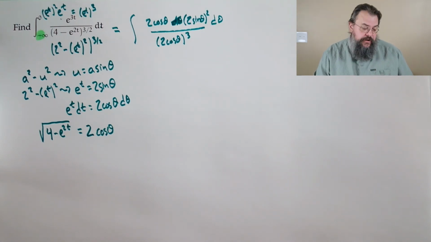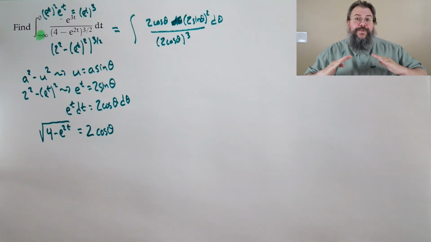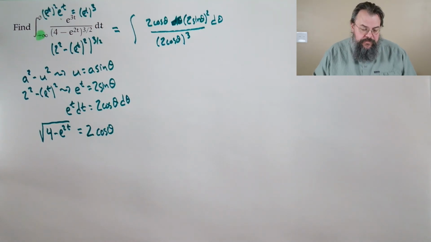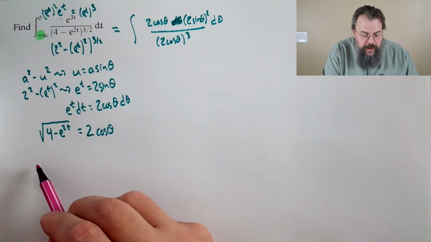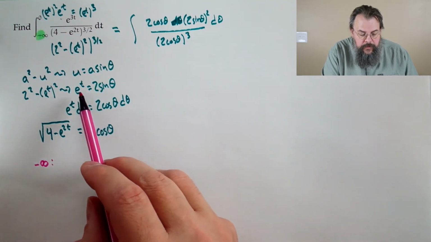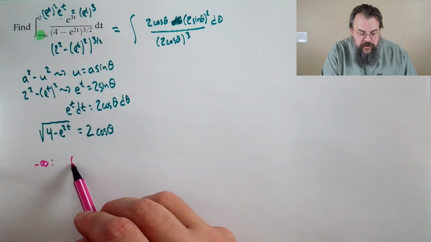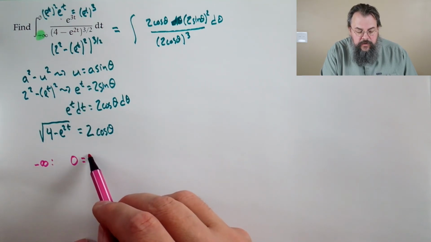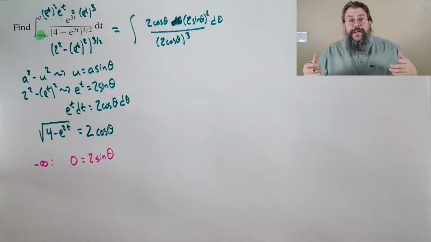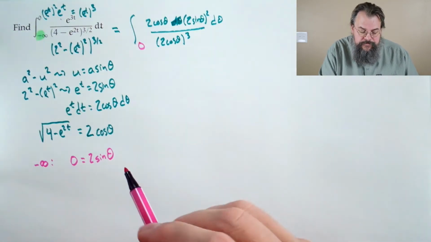Okay, so let's work on the bounds, because working on the bounds is oftentimes when you handle the improperness, whenever you do some kind of a substitution. So, as we go to negative infinity, well, what's happening? We have to think about what our pieces do. The e to the t goes to 0, so what we're looking for is 1 to 0 equal 2 sine theta. Well, that really says 1 to sine theta equals 0, and that happens at 0.